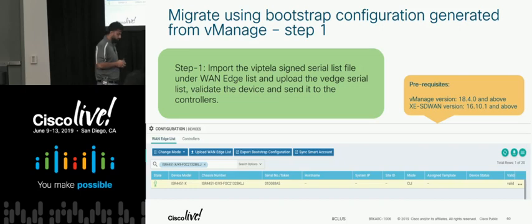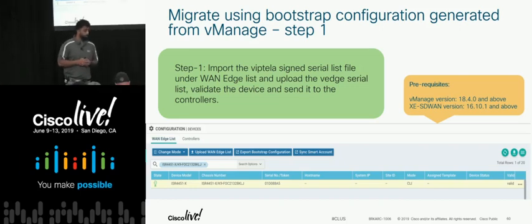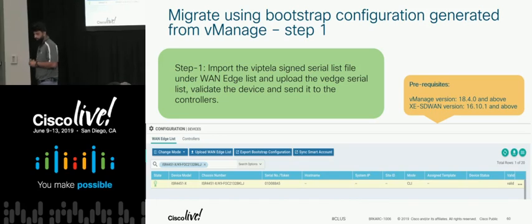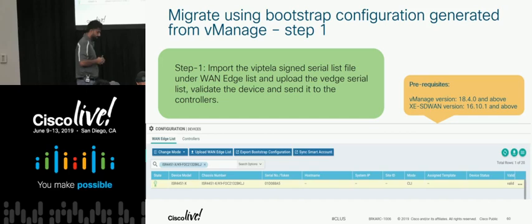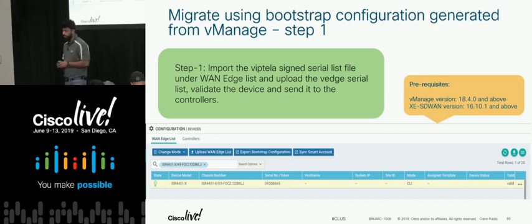Here, the first step is to download your serial number from the portal, upload it to the controllers, and then make it valid. That's it. Here I've just taken the 4400 as an example and loaded it to the controllers.